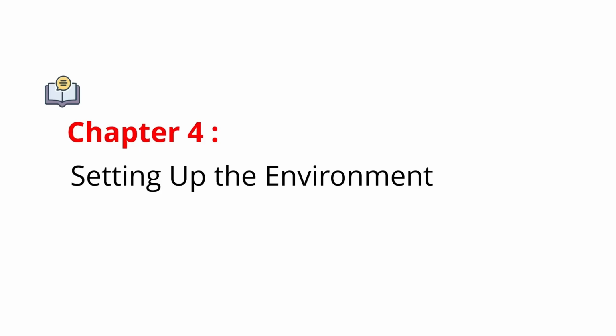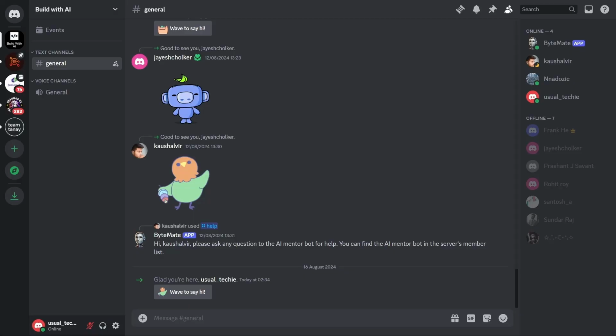We are going to use AI to do our research, but first we need to set up the environment. So let's learn how you can set up your learning environment. Once you join our Discord server Build with AI, you will get access to a lot of tools. To know about any tool, or anything about coding, our new video schedule, and everything that you need to know, you just need to communicate with our chatbot ByteMate.